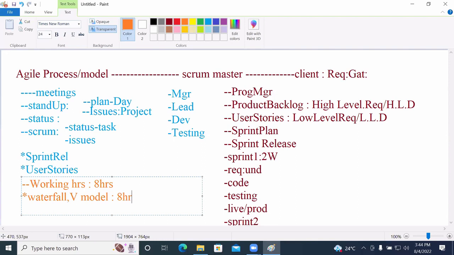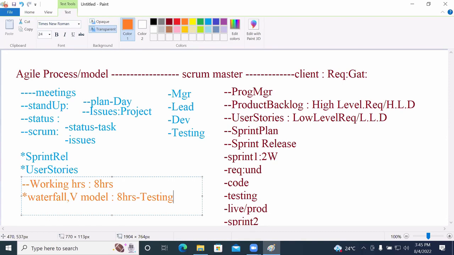The whole 8 hours are planned for testing activity. In the waterfall model or V model, the test lead will be taking care of a total 8-hour plan for testing, and the whole 8 hours you have to spend working on testing activity.